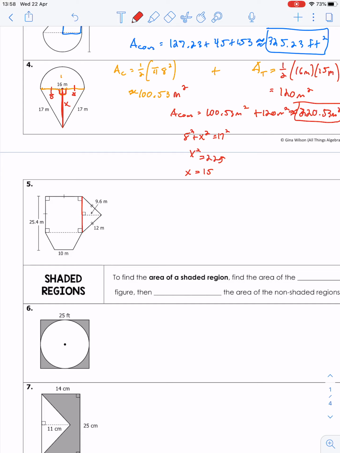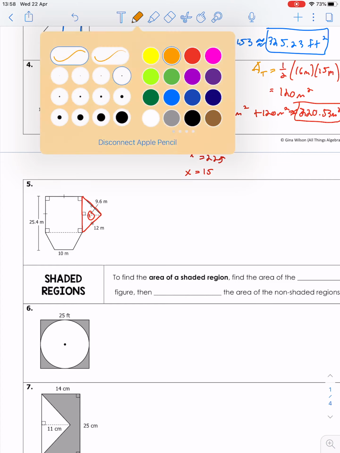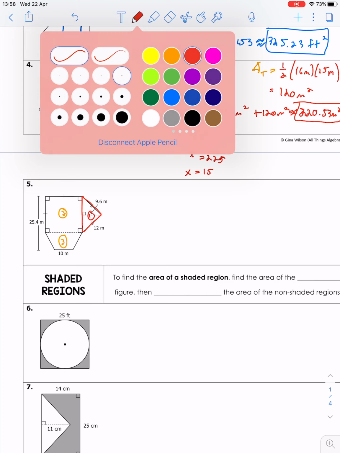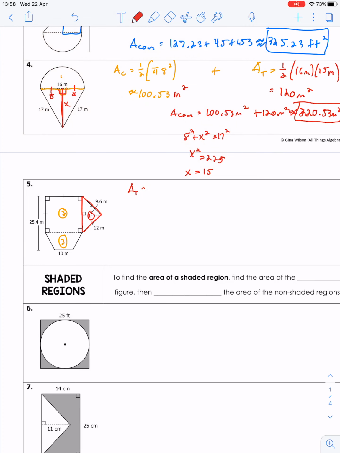We could use this as one shape, 2 shapes, 3 shapes. So let's do area of the triangle first. Area of the triangle. Do we have the base yet? No. But it does tell us the height. So the height is 9.6.